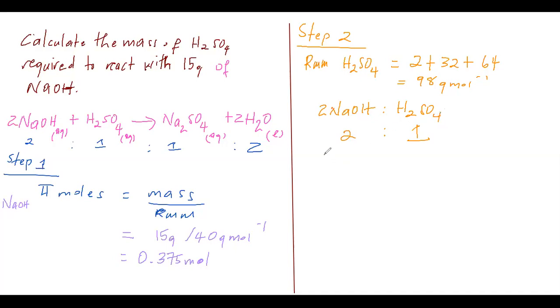So what you should do is divide by 2, not multiply. So if the sodium hydroxide is 0.375 moles, then the H2SO4 is 0.375 divided by 2.